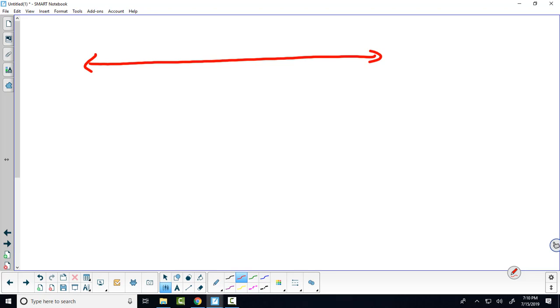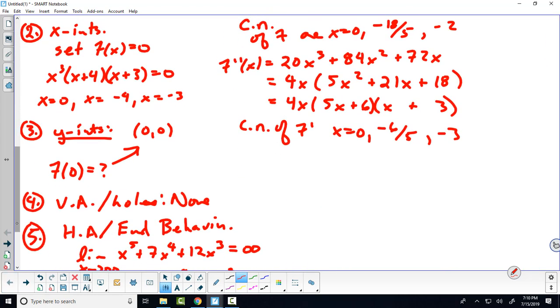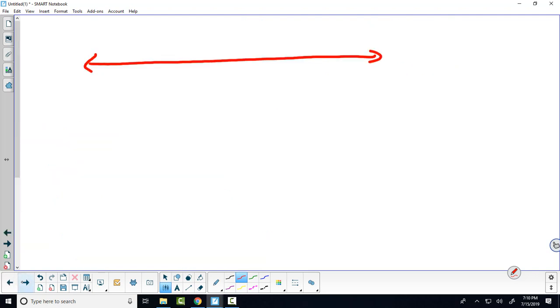So help me out. What was our leftmost critical number? Yeah, negative 18 fifths, then negative 3, negative 6 fifths, and then what else do we get here? We had 0.